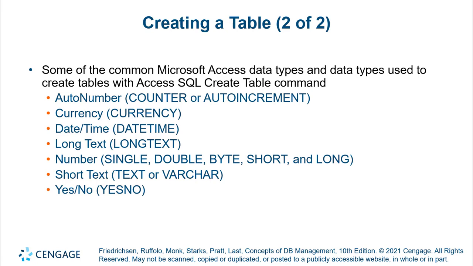The list on the left, the lowercase one, the one that's not in parentheses, those are the data types as you'll see them in Access table design view. But when you're actually writing your SQL statements, you're going to use the terminology that's inside of the parentheses. Something to keep in mind there.